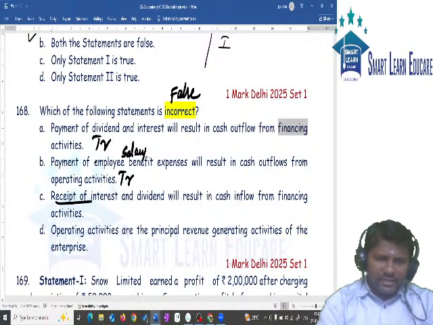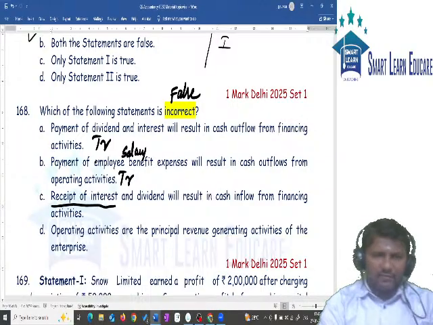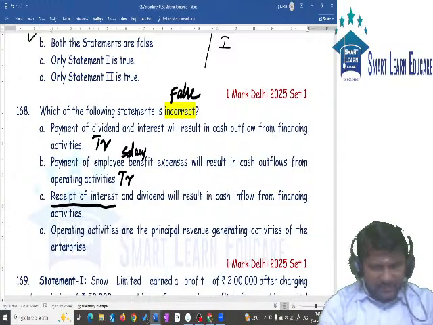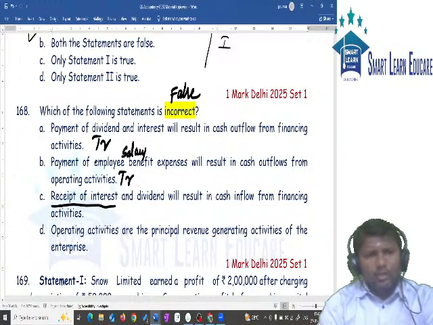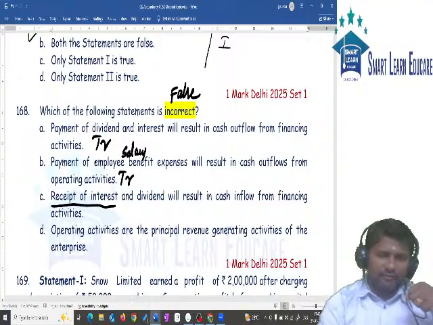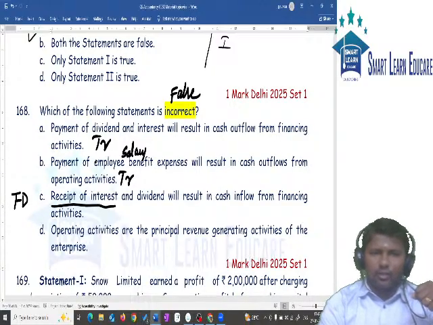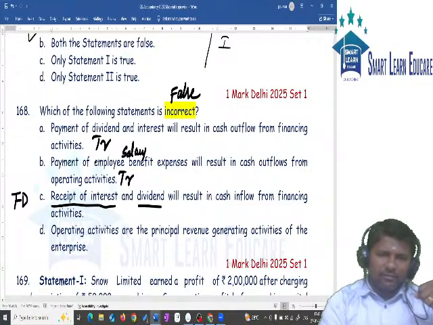Then receipt of interest. You made some investment in FD, from that you are receiving interest. When do we receive interest? When you make an investment in FD. When do you receive dividend? When you invest in shares.